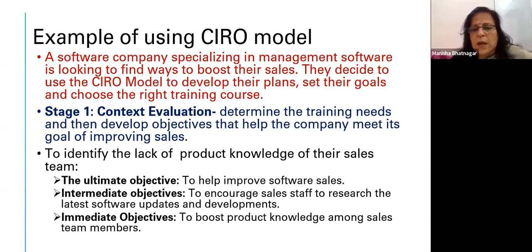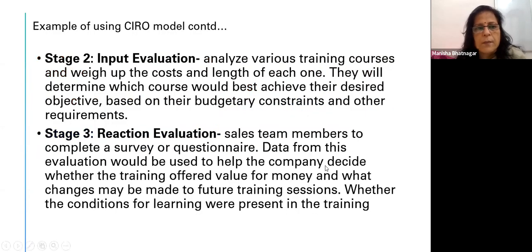The intermediate objective would be to encourage sales staff to research the latest software updates and developments. And the immediate objective would be to boost product knowledge among sales team members. These could be taken at the context evaluation stage.